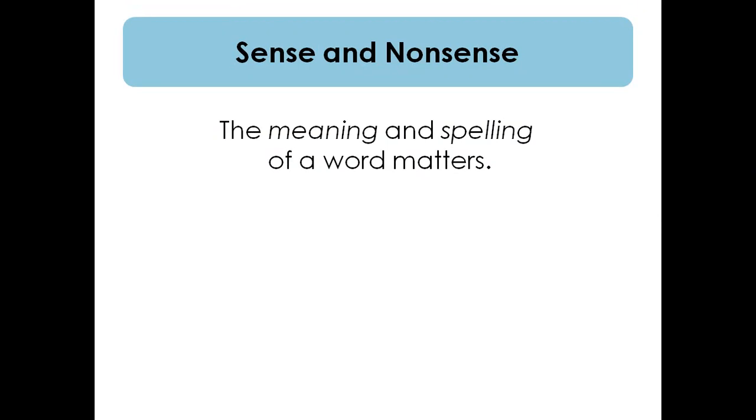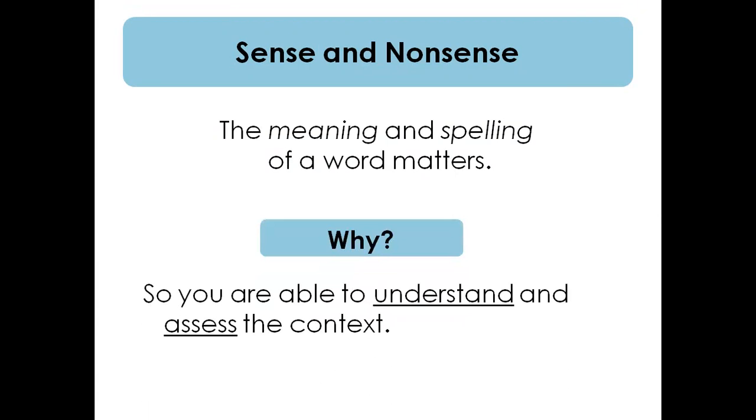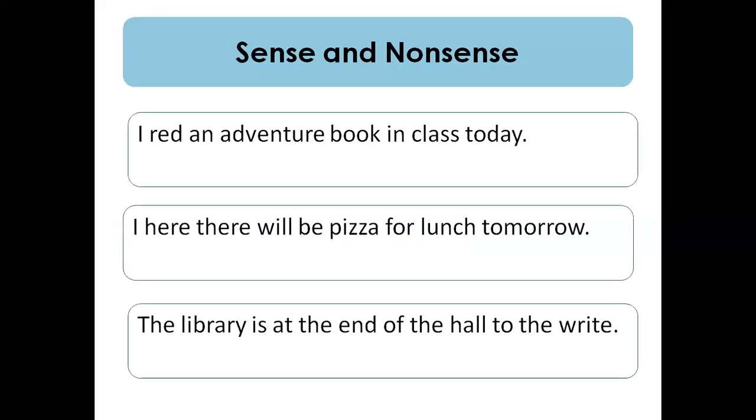So why do the meaning and spelling of words matter? So you're able to understand and assess the context. Next, we're going to look at some sentences that have homophone words in them.